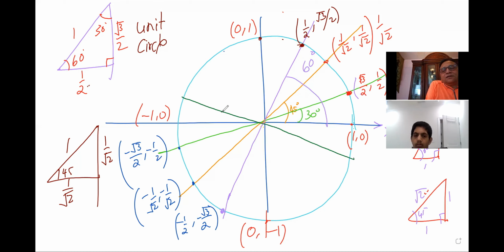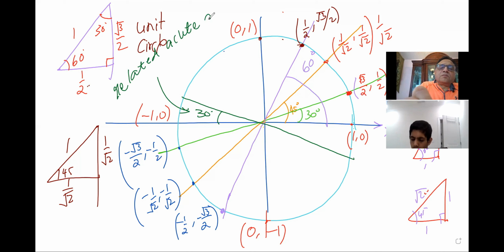Now this angle is 30 degrees. We call this a related acute angle. Acute angle, you understand, is less than 90 degrees, right?